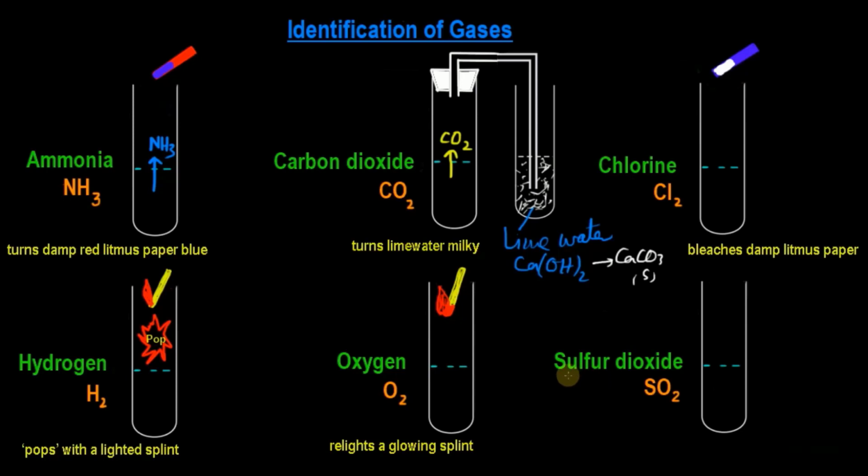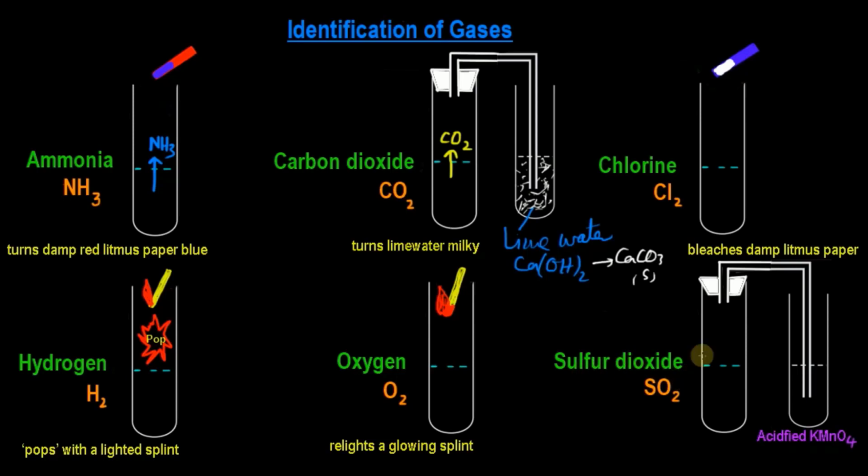The last gas that we have to identify is sulfur dioxide gas. Let's see how it is identified. Sulfur dioxide gas is tested with the help of acidified potassium manganate 7, which is a purple solution. Sulfur dioxide gas is being produced in this test tube and is passed through the acidified potassium manganate 7, and the color of this solution is purple.